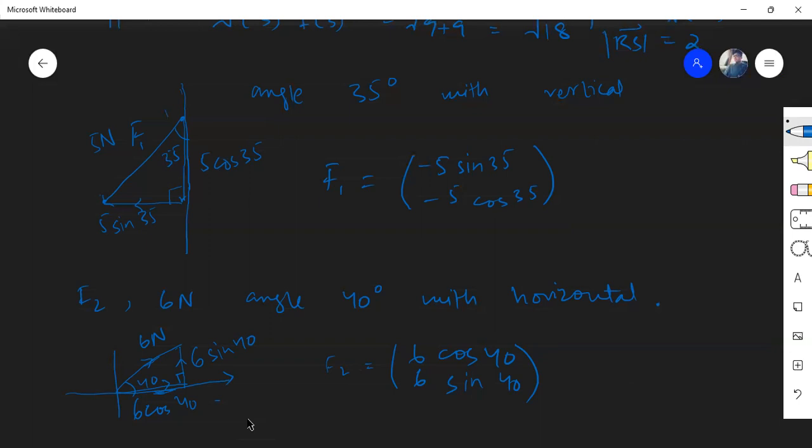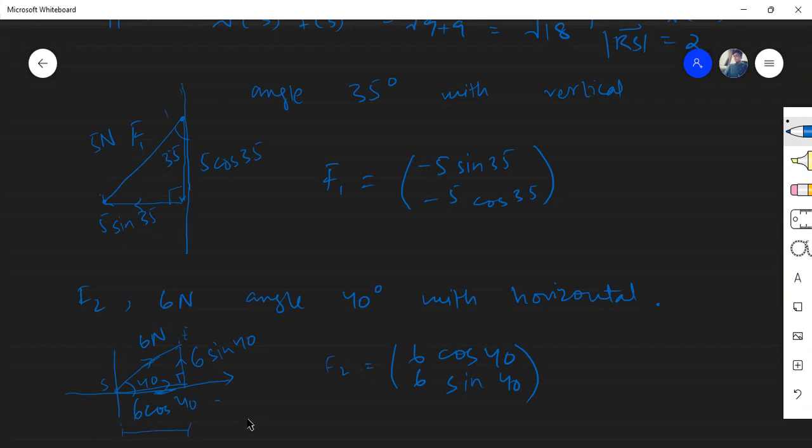Just try to recall the concepts that we've learned today when representing a line by a column vector. In the x component, we're basically writing the distance required from the starting point to the end point horizontally. If this is the starting point and this is the ending point, we need to find this distance.